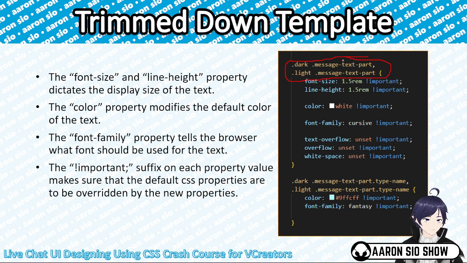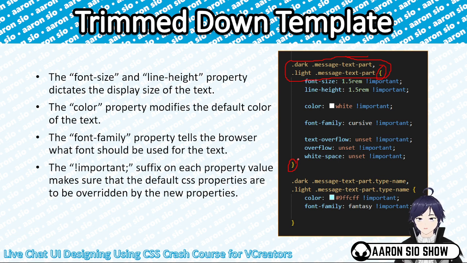This is the property for the message. Since, as you can see, it is named as the message text part, this will tell us that the properties below, in between the two braces, are for the message text part.